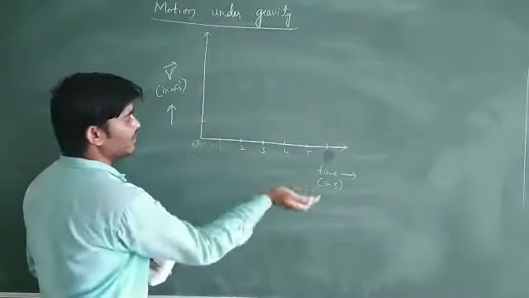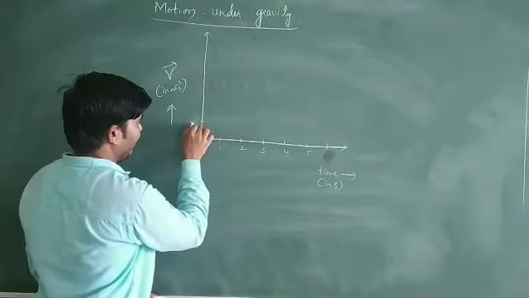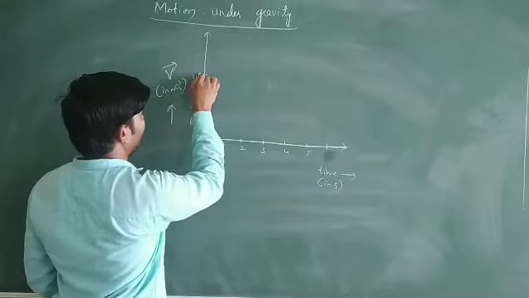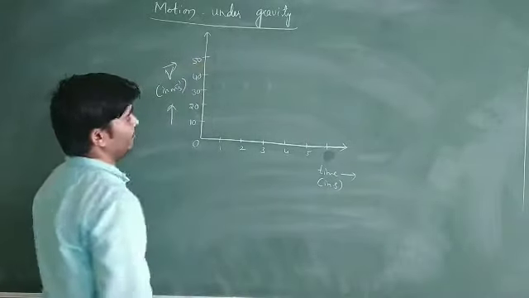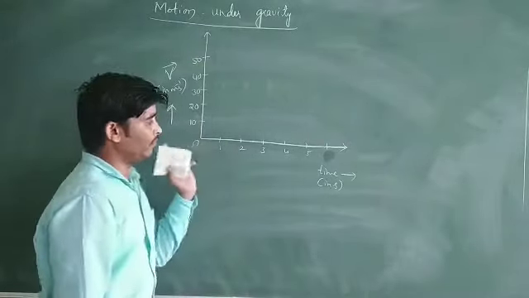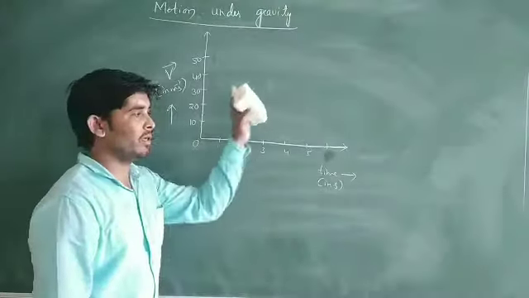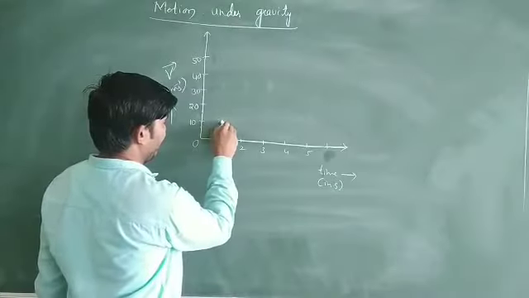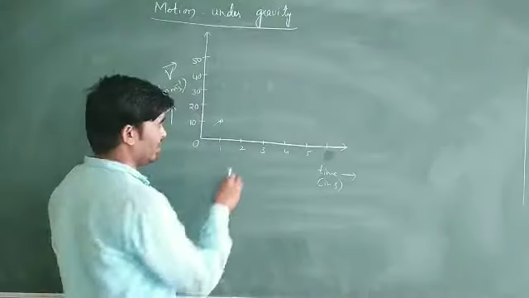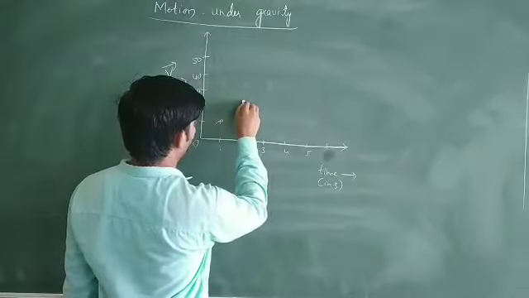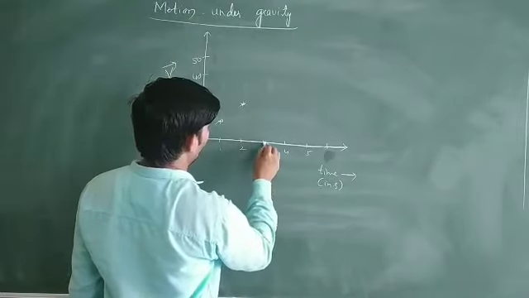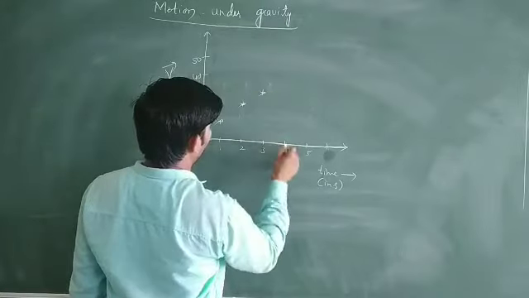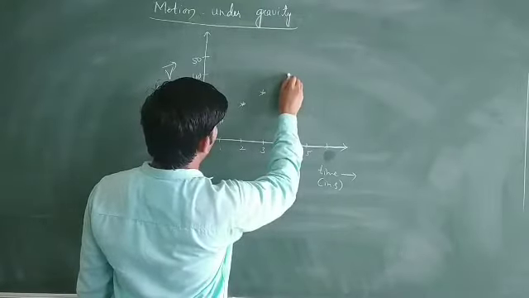What are the velocities we got in the previous case? 10, 20, 30, 40, 50. Now we should plot the velocity time graph for this data. After 1 second, what is the velocity? 10 meter per second. After 2 seconds, it is 20 meter per second. After 3 seconds, it is 30. After 4, it is 40.